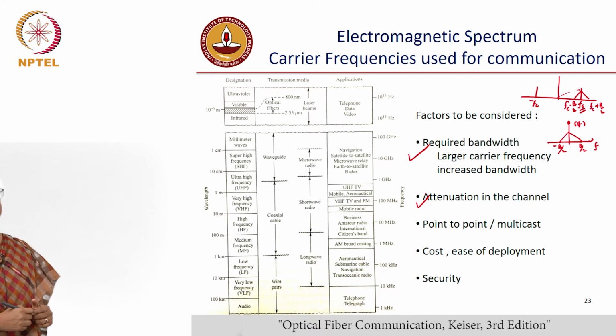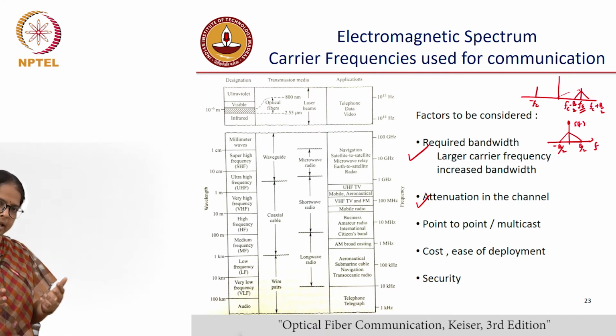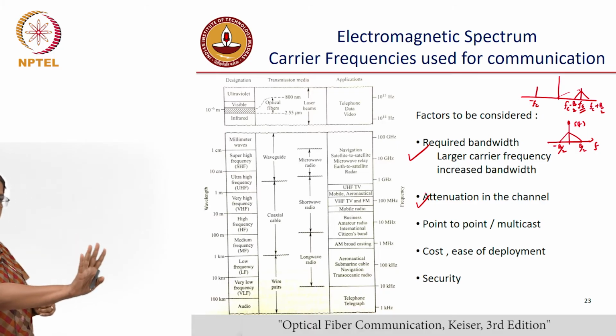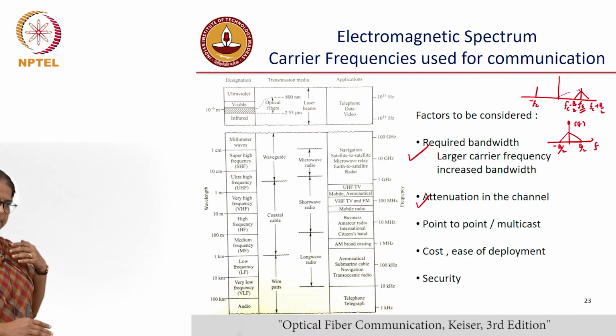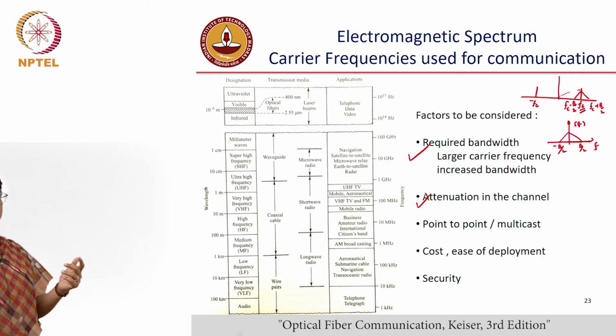Second is attenuation. How is the channel behaving to your carrier frequency? Is the channel transporting the carrier frequency without attenuation, or is it attenuating my carrier frequency? For example, we will talk about attenuation in detail. So, I will give you the example then, right. Atmosphere, for instance, has different attenuation for different carrier frequencies.